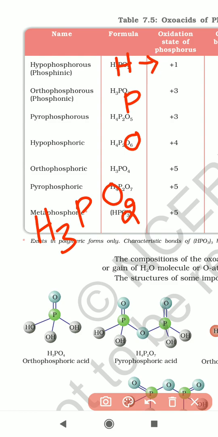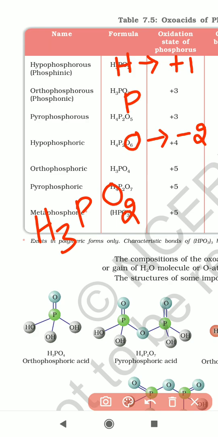Hydrogen always exhibits an oxidation state of +1, and oxygen commonly exhibits -2. So the only element that differs is phosphorus. Depending upon the number of hydrogen and oxygen atoms, the oxidation state of phosphorus varies.